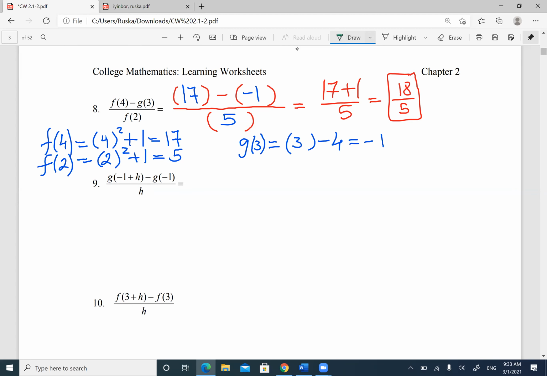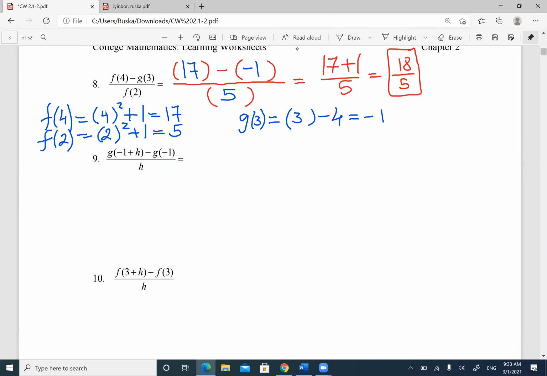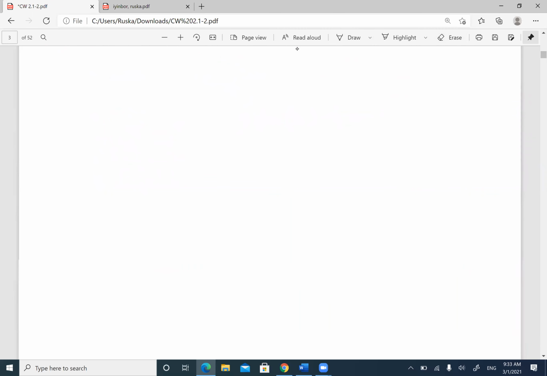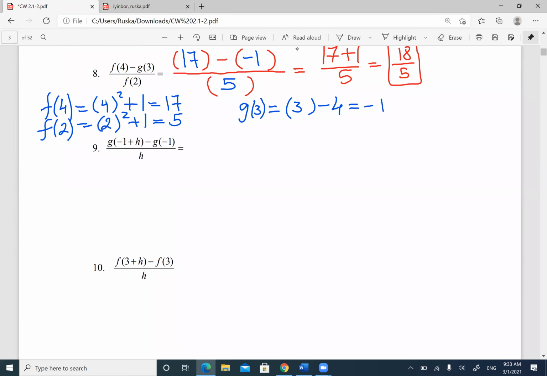And when you go to that class, you're going to use what's called the difference quotient. You're going to use the difference quotient to find the derivative of a function. And it's pretty much what we have right here, these 2 questions. So this is what you're doing.